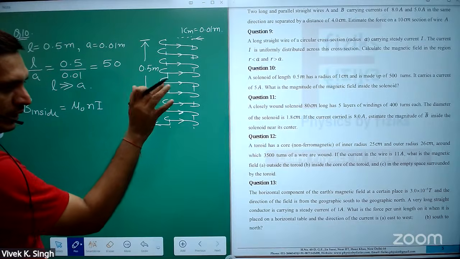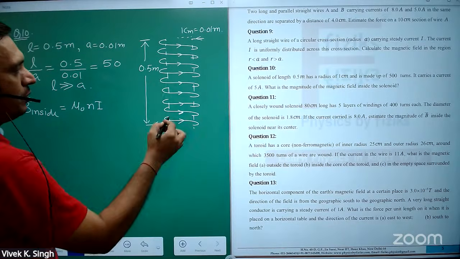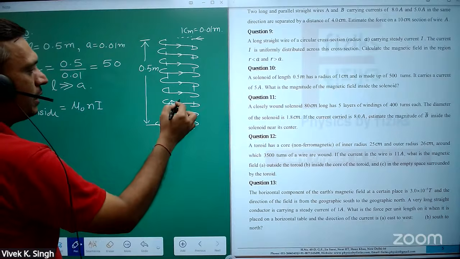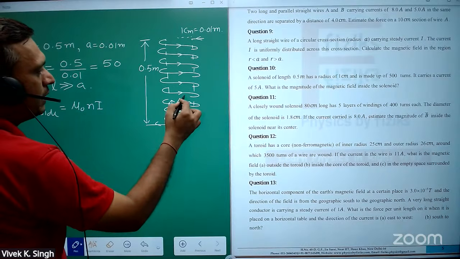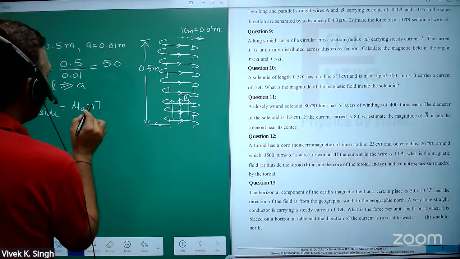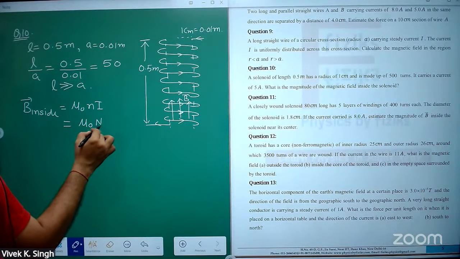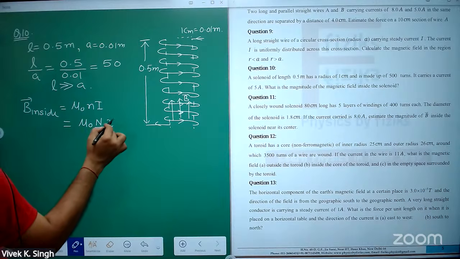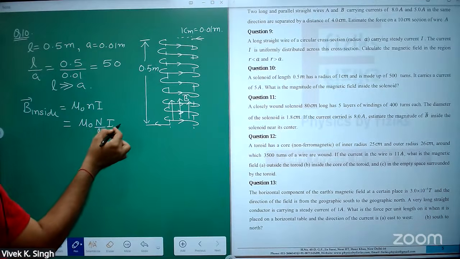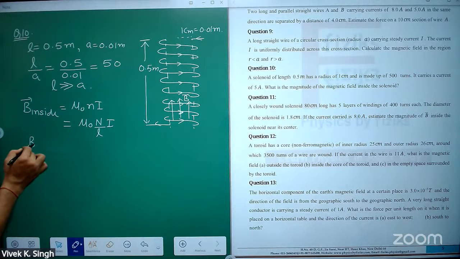Just curl your fingers, thumb will give you direction of the magnetic field. So here we are assuming uniform magnetic field in this direction, where n is the number of turns per unit length, N by L, into I. This is the field inside. And we are assuming field outside is 0. B outside we are assuming 0.